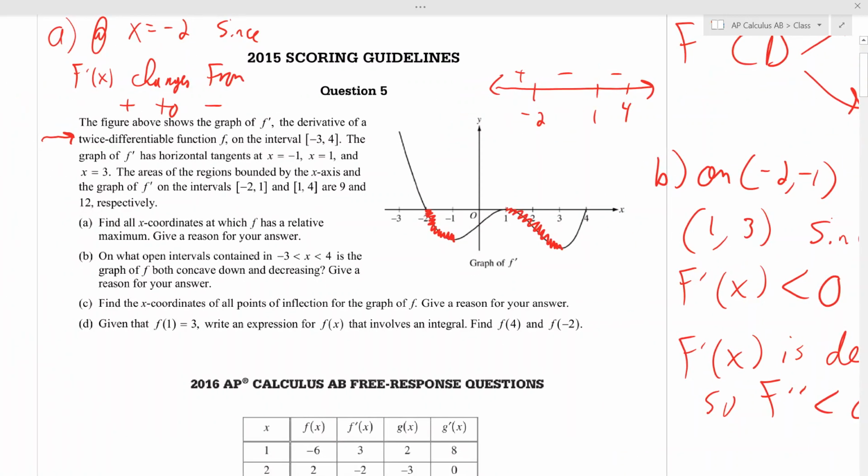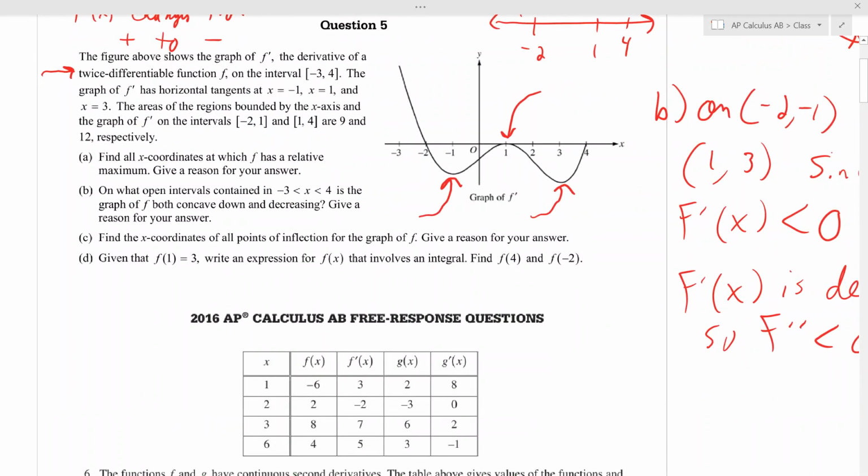C says find x coordinates of all the points of inflection. Points of inflection happen when the second derivative changes sign, or when the first derivative has a min or max. So one here, one here, one here. So -1, 1, and 3. But you have to specify the way it's changing direction.